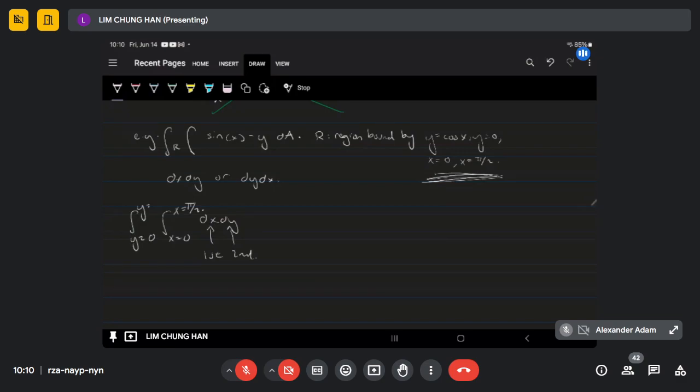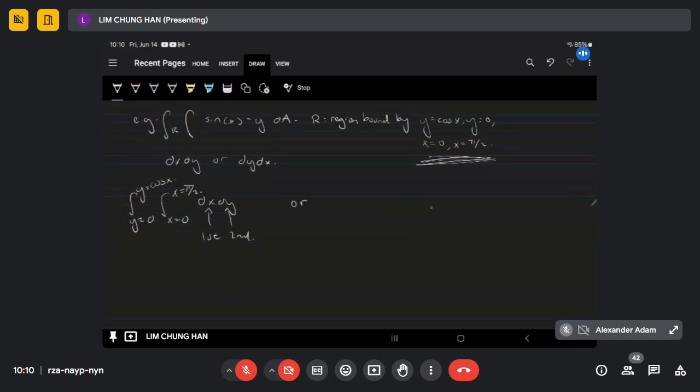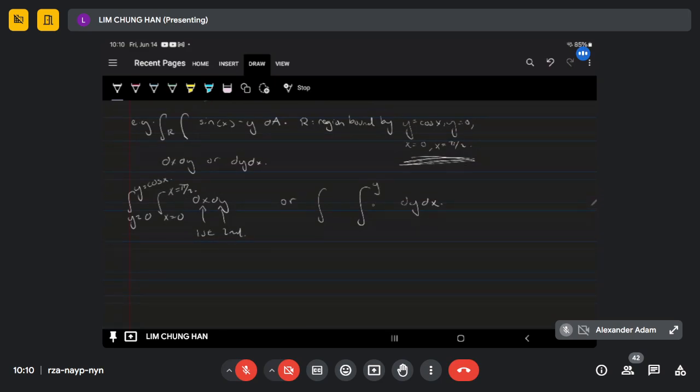Now, if I do it the other way around, if I do dy first and then dx, what are my limits? Well, it'll be y limits first, right? So y limits the same, 0 to cos x, and then x limit is 0 to pi over 2.